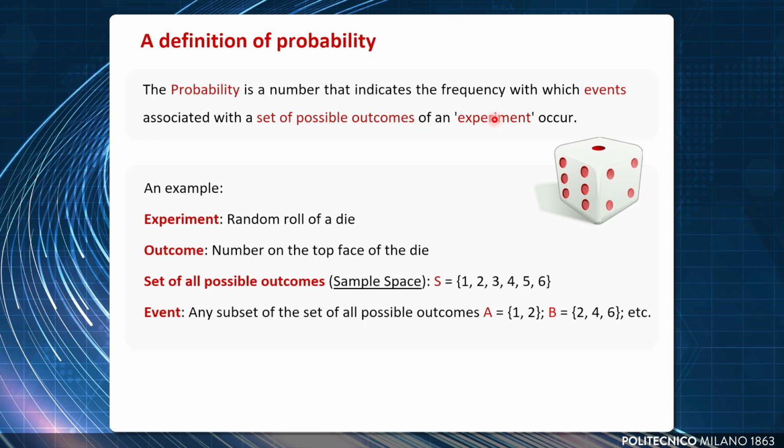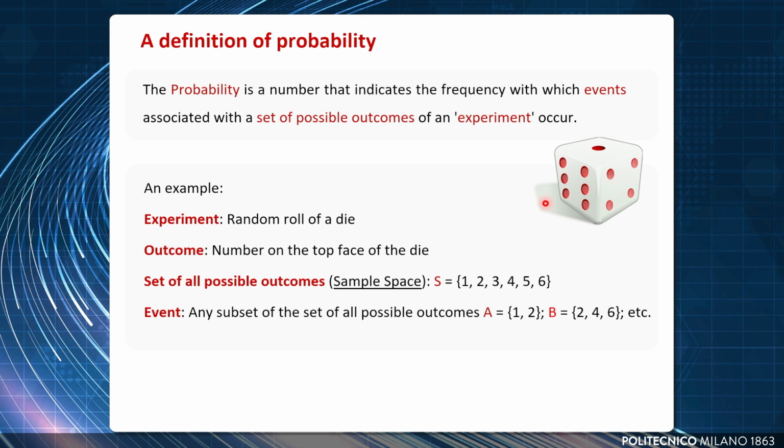We have an experiment, for example, the random roll of a die. We have a set of possible outcomes of this experiment, and of course the outcomes are the number on the top face of the die.